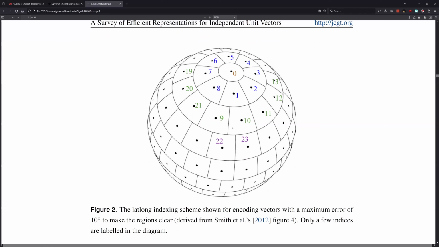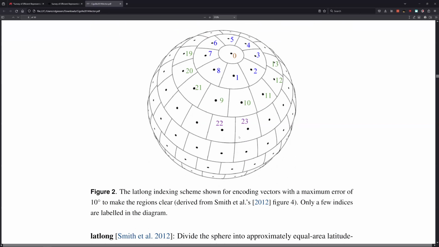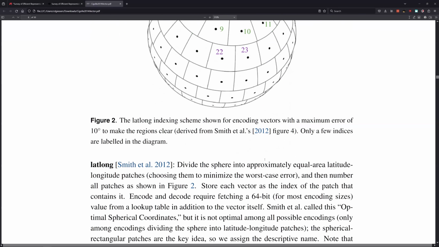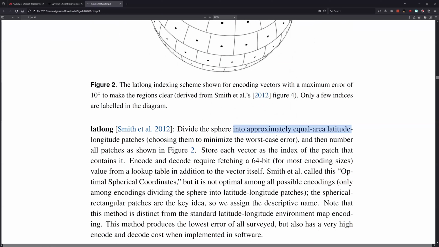Oh, this is an interesting idea. You just label each section with an index. I assume there's like 64 of them, so you have a byte of that at least. Divided into approximately equal areas.